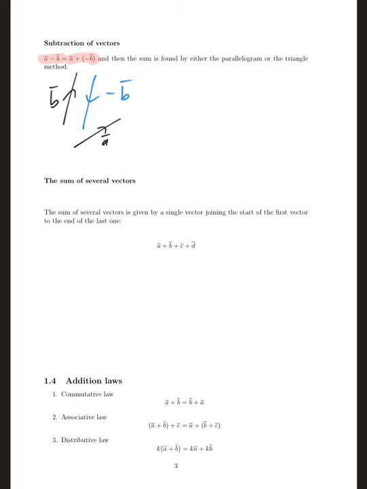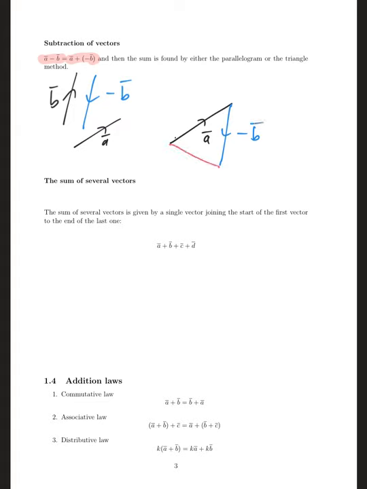Minus B here in blue. So if I want A minus B, I'll use my triangle method on the A vector and the minus B vector. So I'll draw out my A vector again. I've drawn it a bit bigger here, but you get what I mean. And let's put in my blue minus B vector.